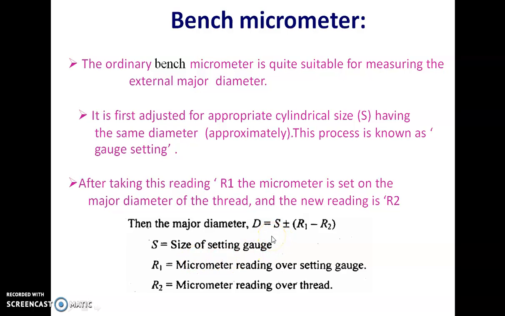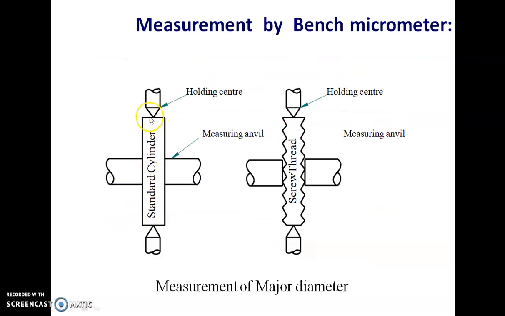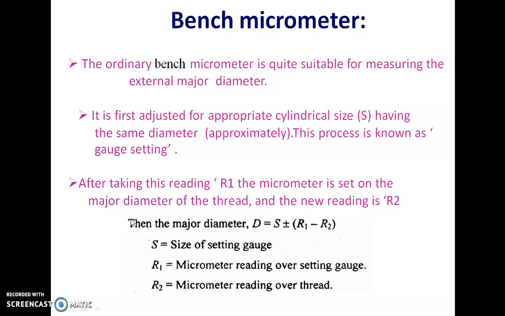We have the standard cylinder, and this is called a setting gauge, and this dimension is S. R1 is the micrometer reading over the setting gauge, that is, over the standard cylinder, and R2 is the micrometer reading over the thread.